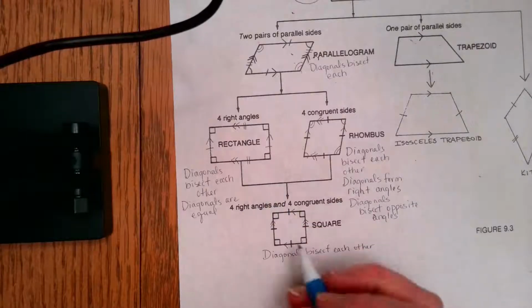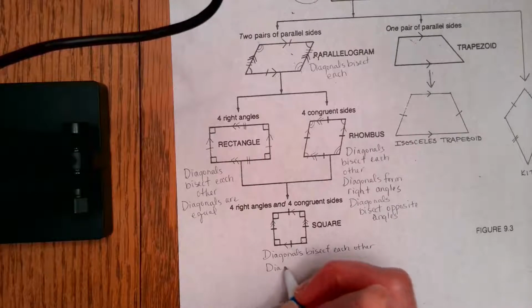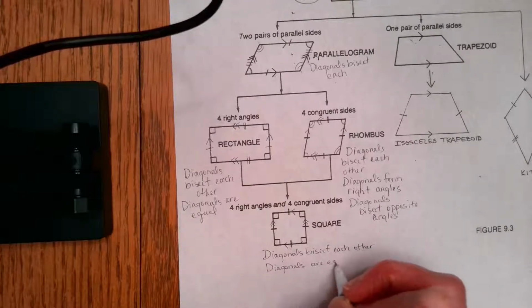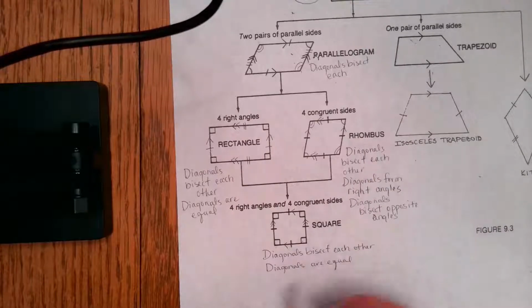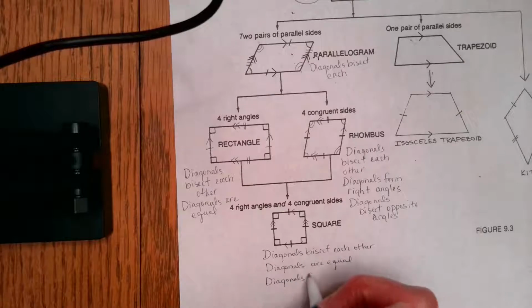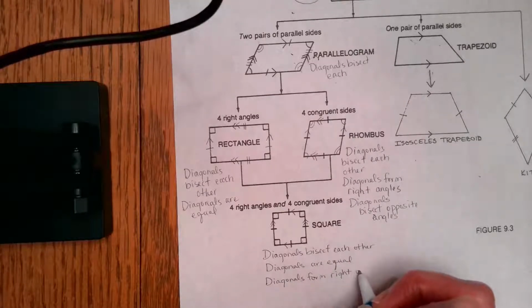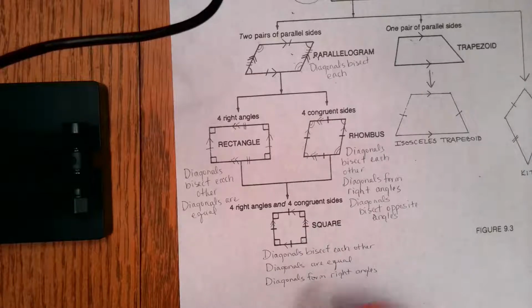Because it's a rectangle, the diagonals are equal. Because it's a rhombus, the diagonals form right angles. And because it's a rhombus, the diagonals bisect opposite angles.